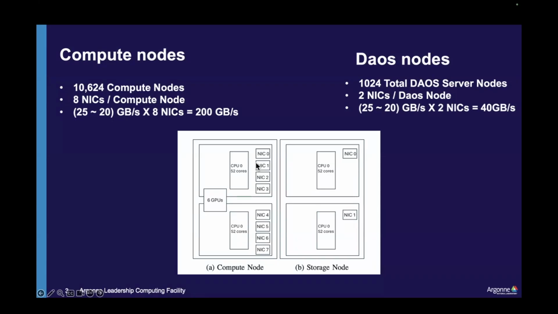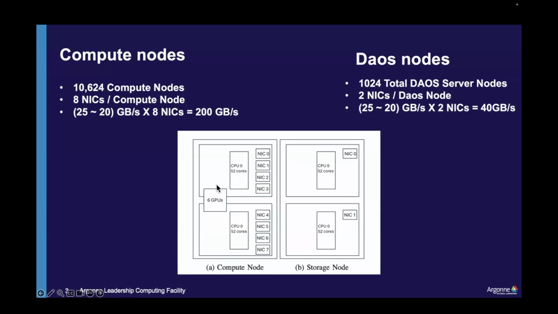Each NIC is a Cassini NIC, capable of delivering up to 25 gigabytes per second. So with 8 NICs on the compute node side, you can roughly get 200 gigabytes per node, and we have 10,624 compute nodes here. This is where your actual app is running. And all your I/O on DAOS will be stored on the storage node.